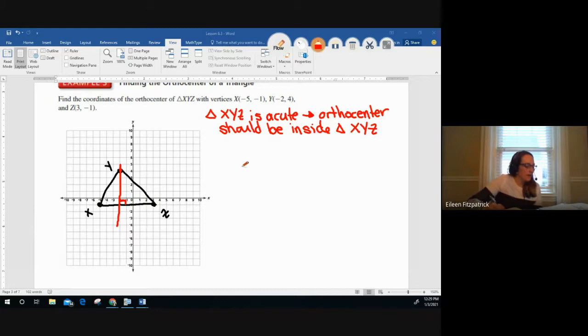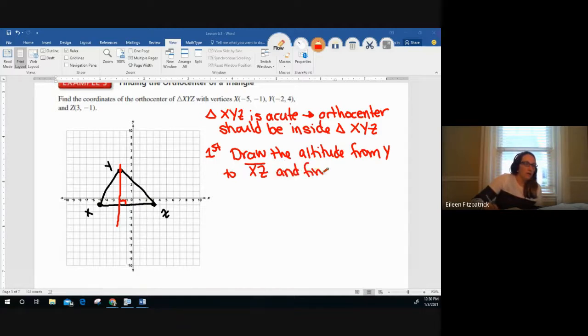Then we are going to draw the altitude from Y to XZ, which we already did. And then we're also going to find the equation of that altitude. So we still have to do that part.